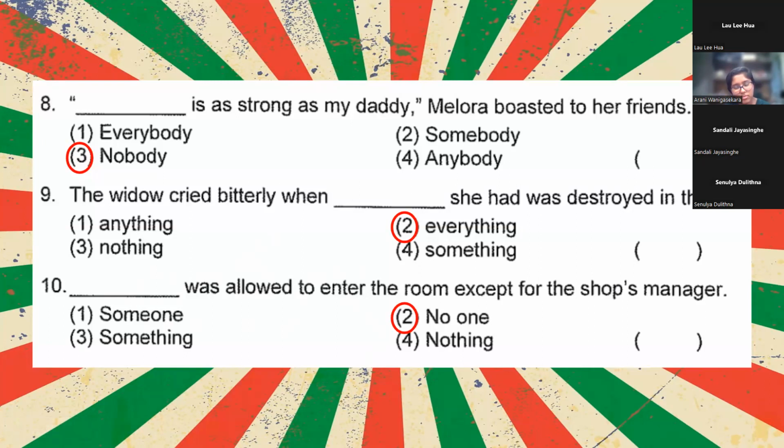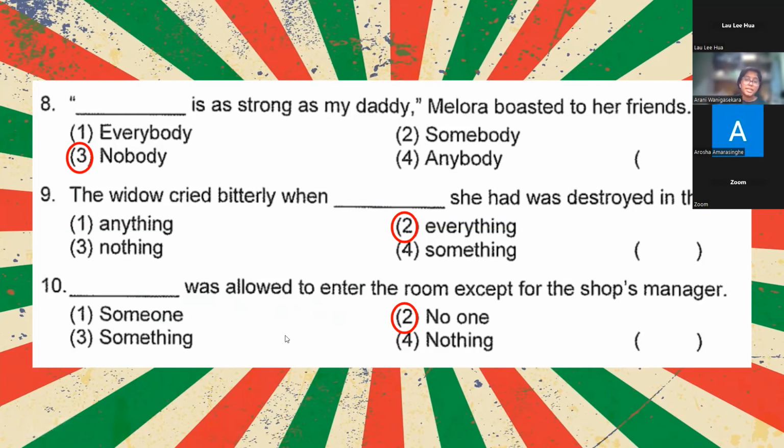Because the sentence uses except. Yes. If you use the word except, you're saying that no one can enter except that person, right? So someone can't enter. So you can't use the word someone.